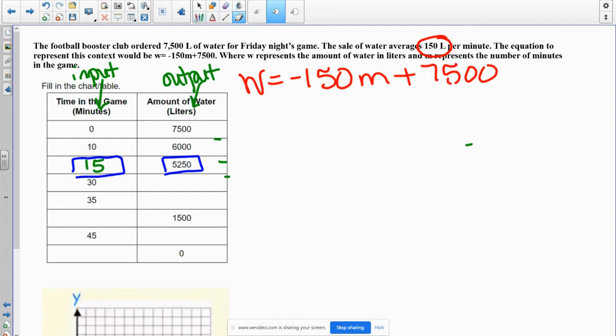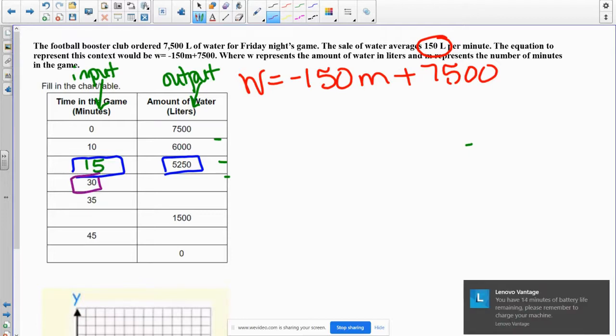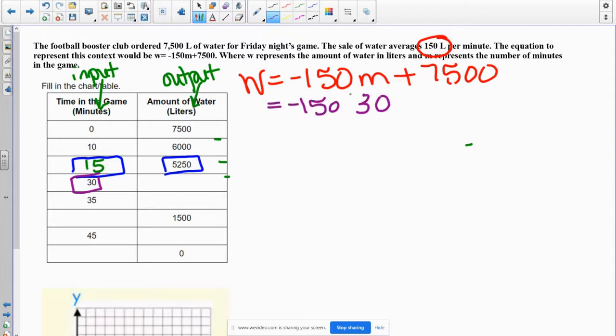So our next step states here, we want to know how much water is left after 30 minutes of the game. So since the input is about minutes, we're going to input 30 here. So we have negative 150 times the 30, and we're going to add that to 7,500.